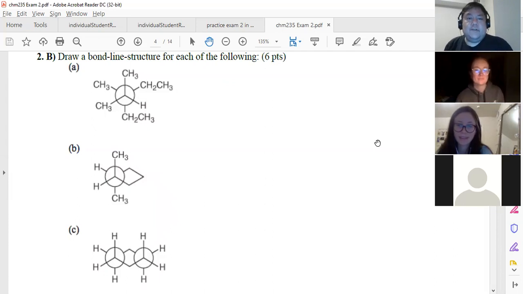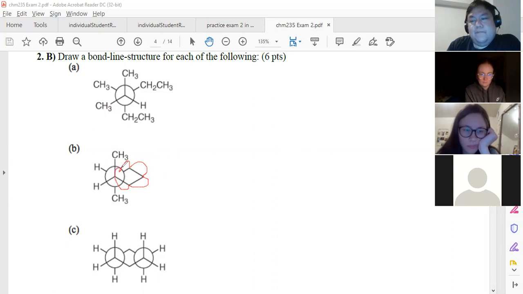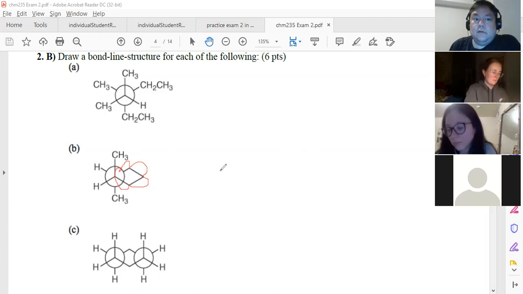Okay, I want you to start at the circle carbon, right? So this carbon here goes to here, and to here, and to here, and to here, and back to here. Did I end up back at the original carbon? Yeah. The only way that can happen is if it's a ring. So it has to be a ring. Does that make sense for why those connect?